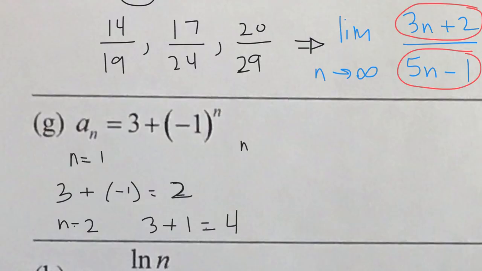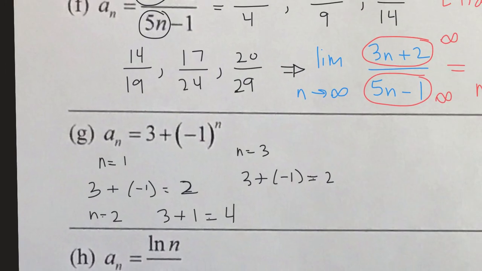If n equals 3, that's 3 plus negative 1, which is 2. So anytime we have an odd number here, we're going to have negative 1 as the answer, and 3 minus 1 is going to be 2. So we have two values. We have the value positive 2 and the value positive 4. So does this converge to a single number?